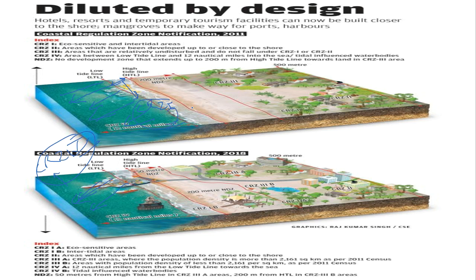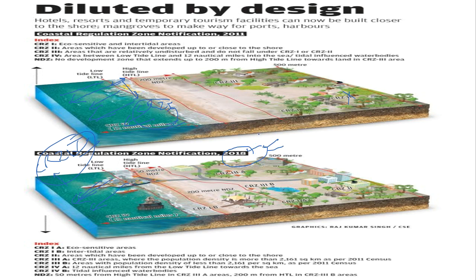And the areas which have been developed up to the coastline are CRZ2, and these have been modified. The above diagram is as per the 2011 notification, and the diagram below is as per the 2018 notification. As per the 2018 notification, some modifications have been made in the CRZ.